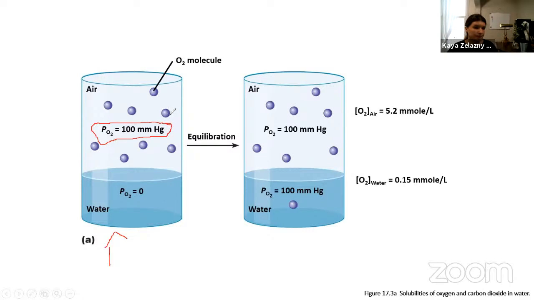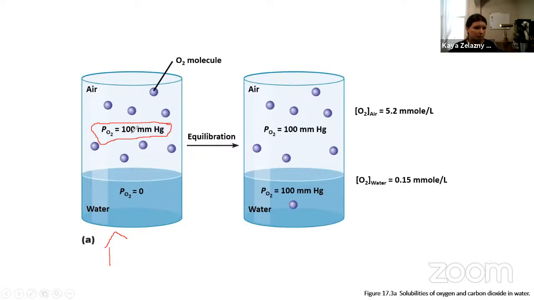Over time, the partial pressure of oxygen in the air versus in the water is going to reach equilibrium. So just like all the other pressures we've been looking at in this course, oxygen is going to flow down its pressure gradient. And in this case, we're talking about that pressure gradient as being this partial pressure of the oxygen.